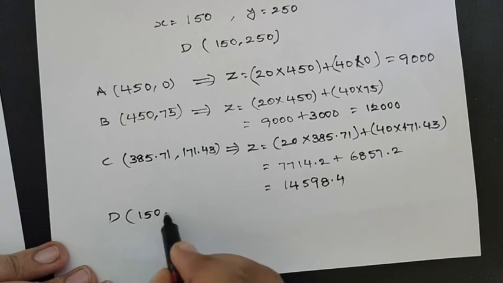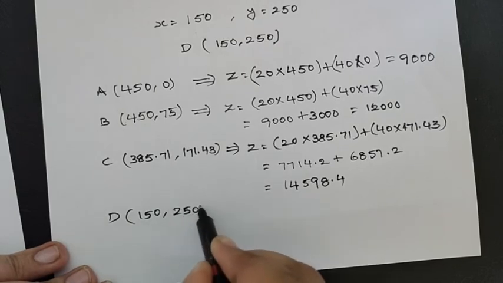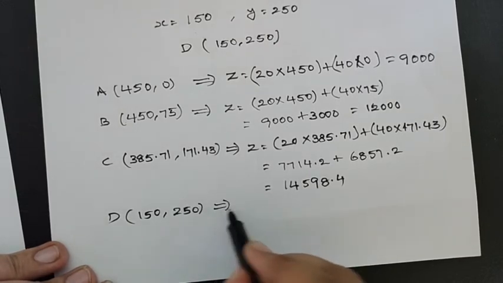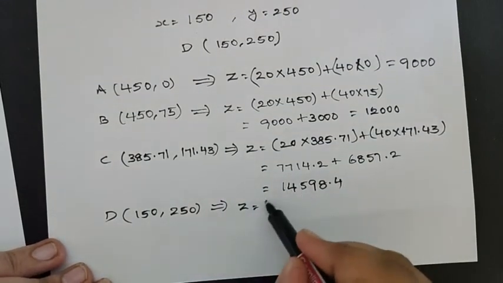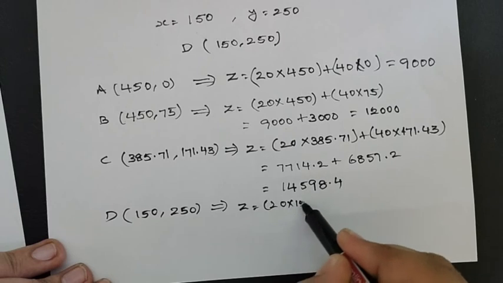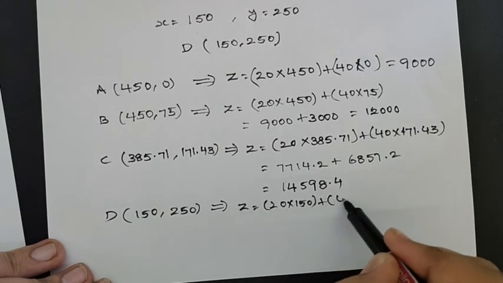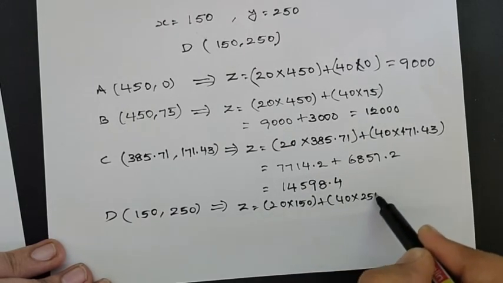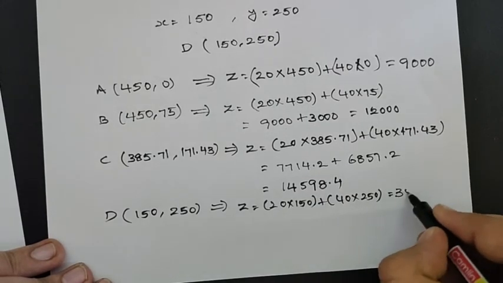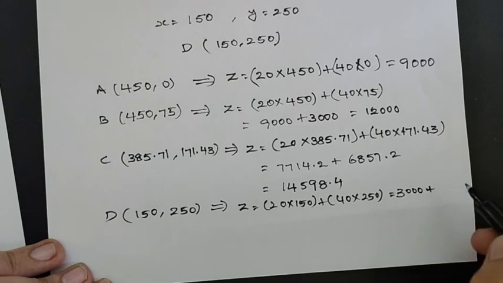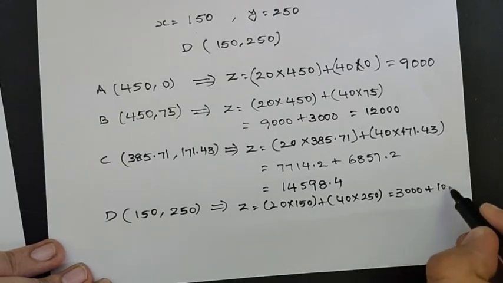Next, substitute the value of D, 150 comma 250. So the value of z is equals to 20 into 150 plus 40 into 250. 20 into 150 means 3000 plus 40 into 250 means 10,000.